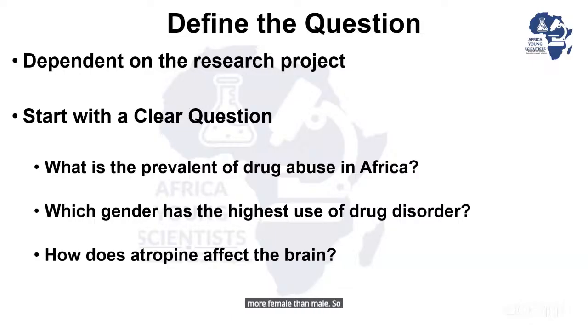So I was surprised, like, no, how is that possible? So I went to do some search on the gender that abuses drugs more for my PhD thesis. And to my surprise, it is even in the official document of the United Nations Office on Drugs and Crime.